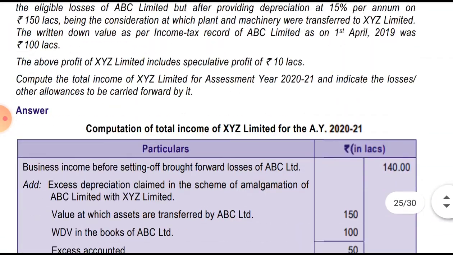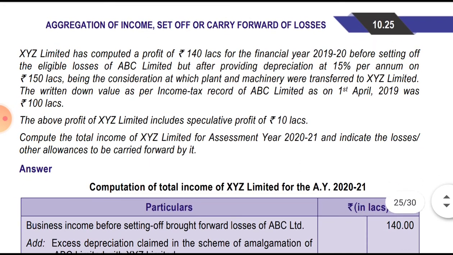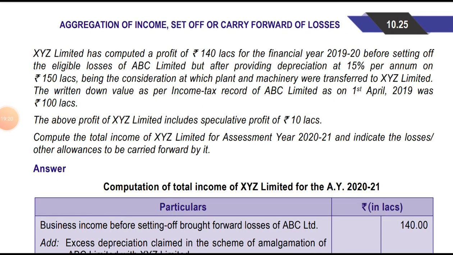And XYZ Limited has computed a profit of 140 lakh rupees for the financial year 2019-20 before setting off of the eligible losses of ABC Limited, but after providing depreciation of 15% per annum on 150 lakh rupees being the consideration for which the plant and machinery were transferred to XYZ Limited. The written down value as per the Income Tax Act as on 1st April 2019 was 100 lakh rupees.